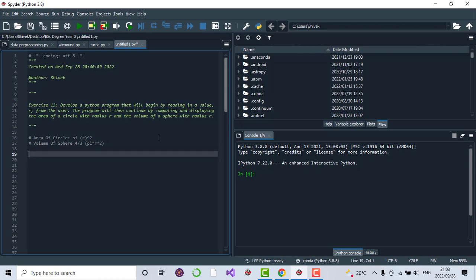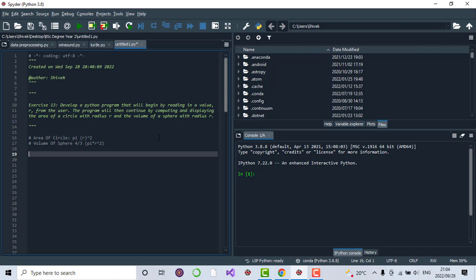So let's get to it. As you'll notice, first things first, we'll have to take in our user input. But before proceeding to do that, one very important factor would be to get the value of pi.